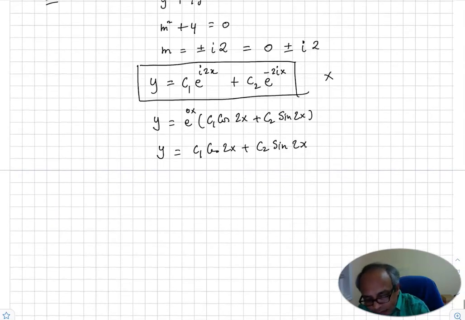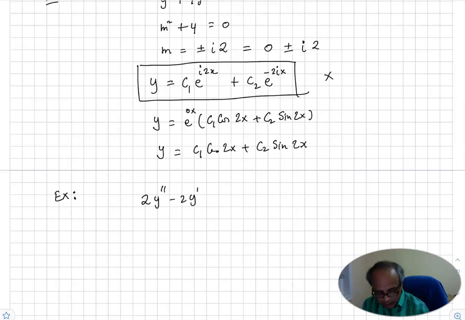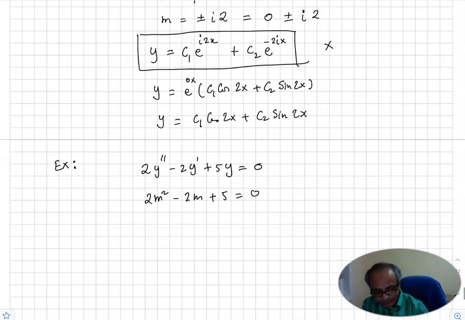Okay, so maybe we go for a second example that does not have a real part of 0, so a full complex number. The characteristic polynomial for this differential equation is 2m squared minus 2m plus 5 equals 0.